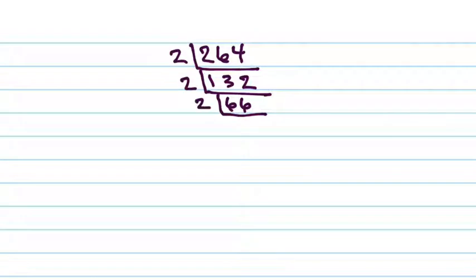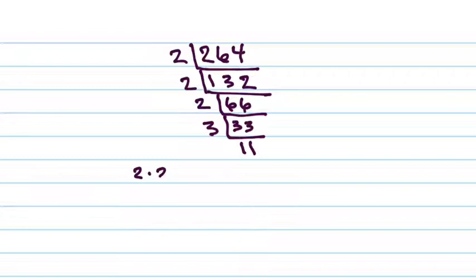2 will go into that 33 times. Will 2 divide into 33? No, because it's not even, right? Okay. But 3 will go into it. How many times? 11 times. And is 11 prime? Yes. So that's where we stop.